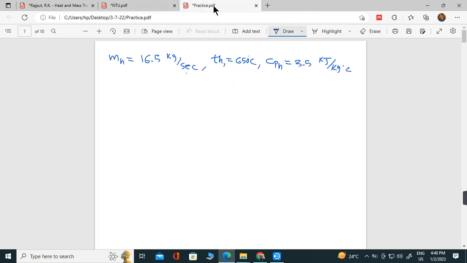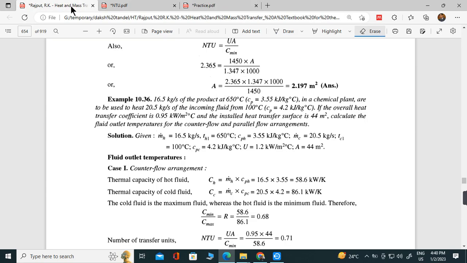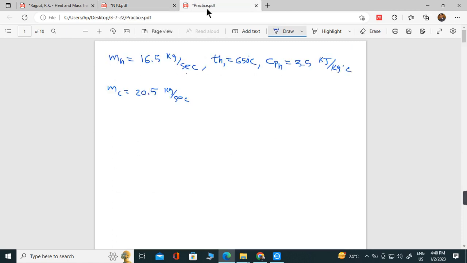Then the fluid to be heated is 20.5 kg per second. We know that is mc, 20.5 kg per second. Then the incoming fluid is at 100 degree centigrade, so TC1 would be 100 degree centigrade.